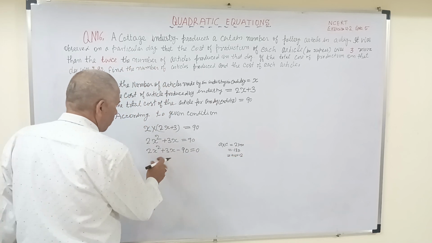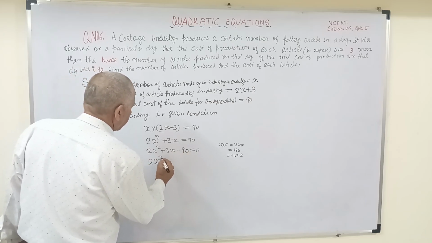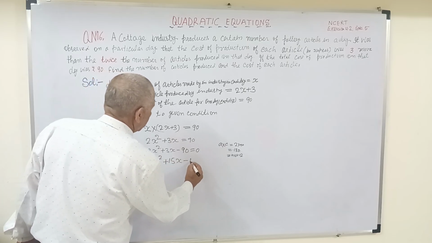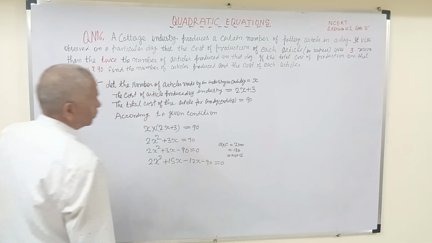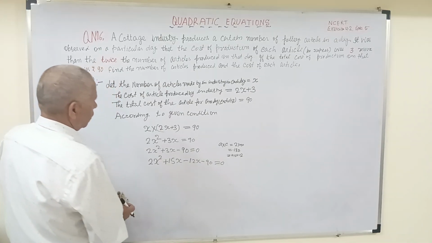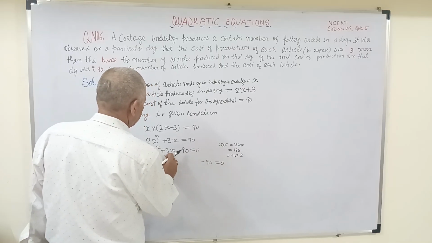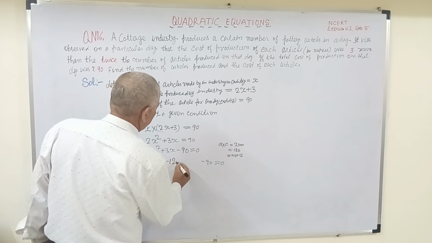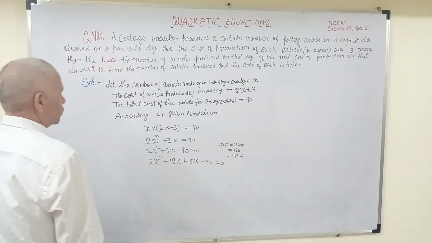So by splitting the middle term, we will solve it like this: 2x square plus 15x minus 12x minus 90 equals to 0. Sorry, this should be written like this, that is 2x square minus 12x plus 15x minus 90 equals to 0.